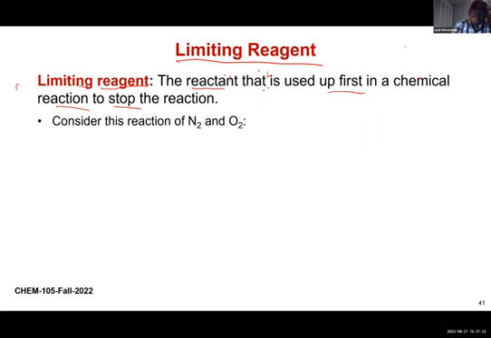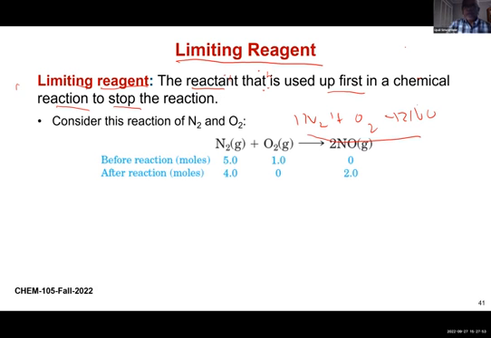For example, if you have nitrogen and oxygen reacting to produce nitrogen oxide, this is 1:1. That's the recipe ratio. The chemical reaction's recipe ratio is 1:1.